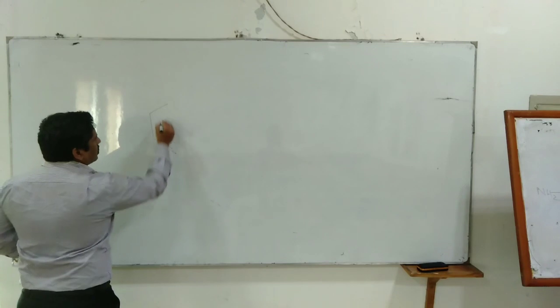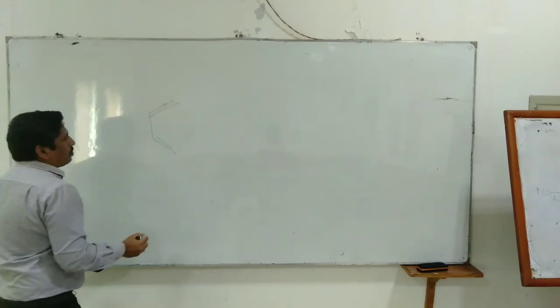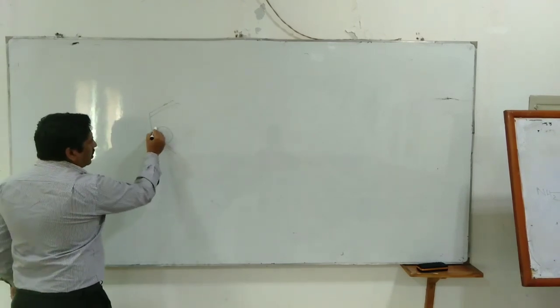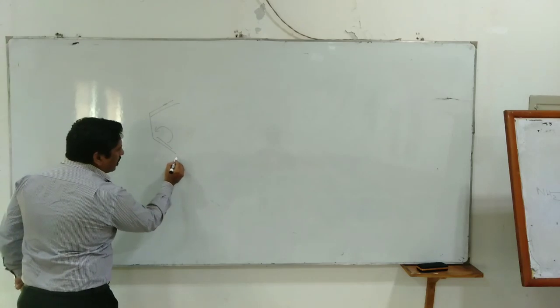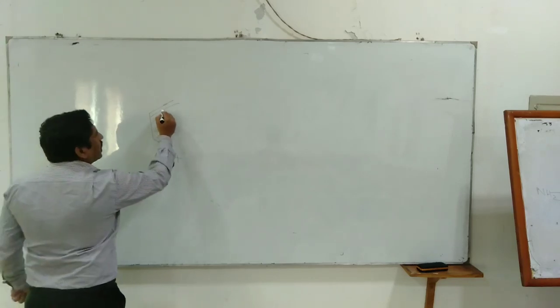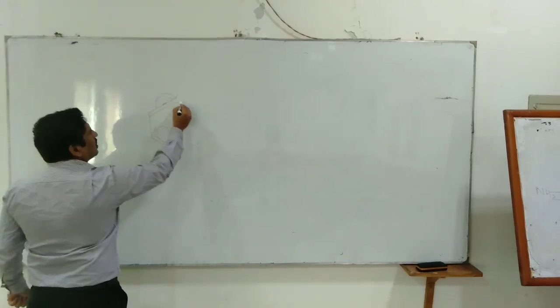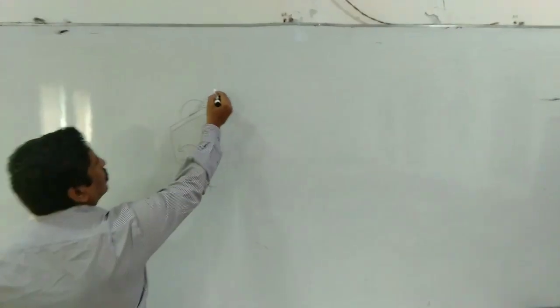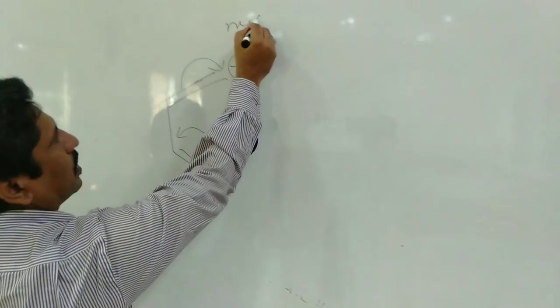In conjugated dienes, there is migration of pi electrons inward. That carbon will become electron deficient, and the pi electrons will move to the terminal carbon that becomes electron rich, that is nucleophile.